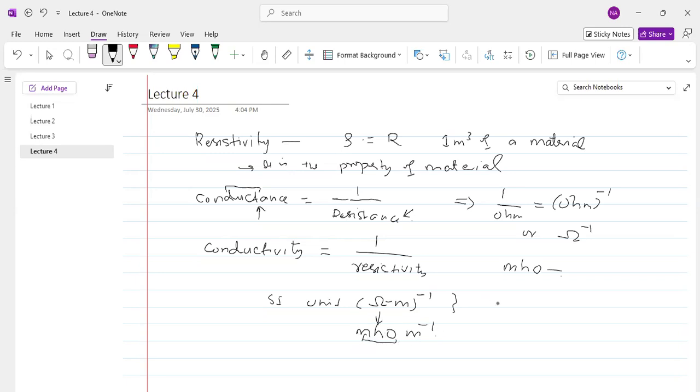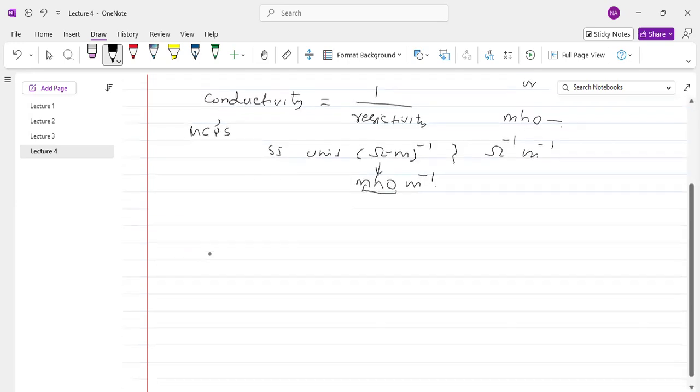Sometimes it is also written as ohm inverse meter inverse. All these things are explained to you because they may be asked in case of MCQs and short questions, and like that.